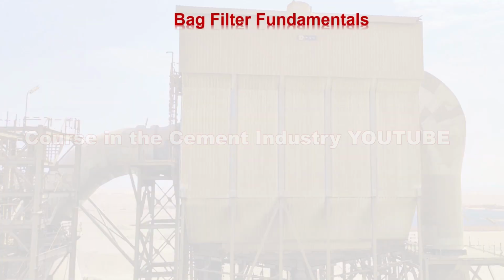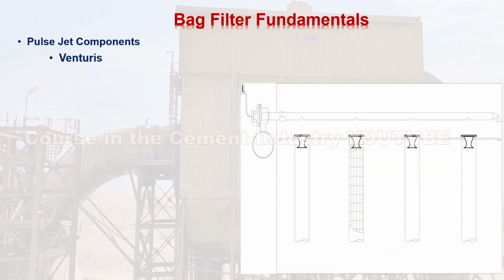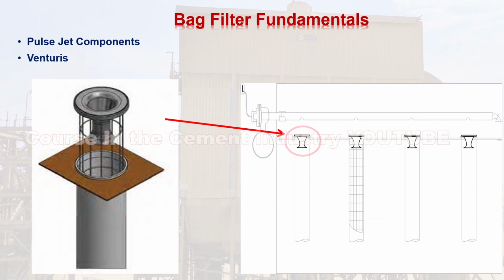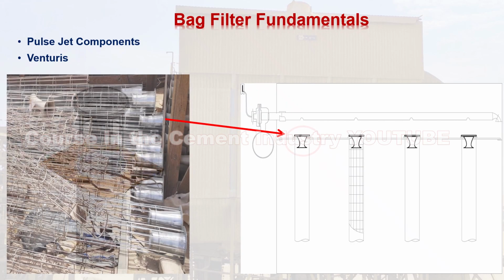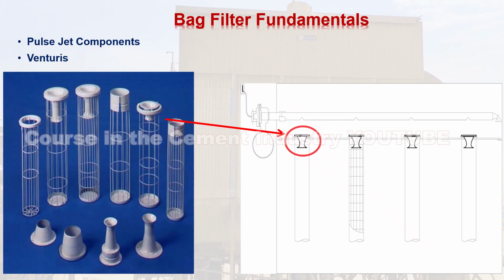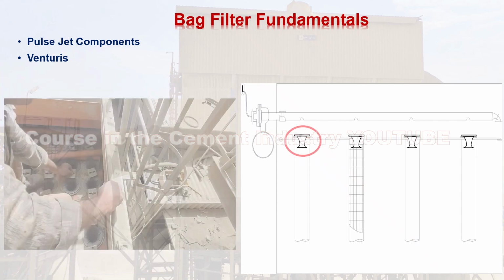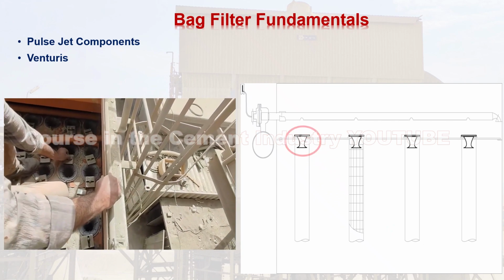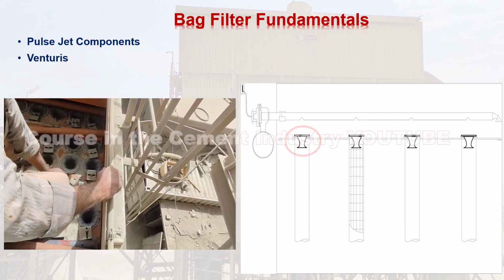Bag filter fundamentals. Pulse jet components. Venturis. Venturis are cone-shaped devices located at the top of a tubular filter bag in a pulse jet dust collector. At the top of the venturi, negative pressure is created for pulling additional air down into the filter elements during pulsing.